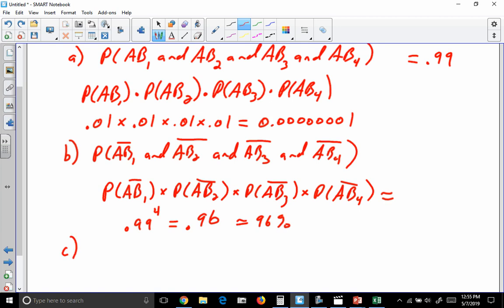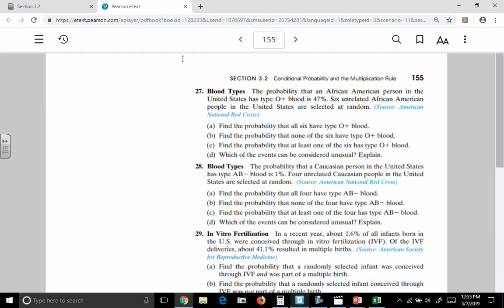So now let's look at part C. Part C says, find the probability that at least one of the 4 has type AB blood. Now notice the connection between B and C. B is none, so that's nobody. Not a single person has AB.